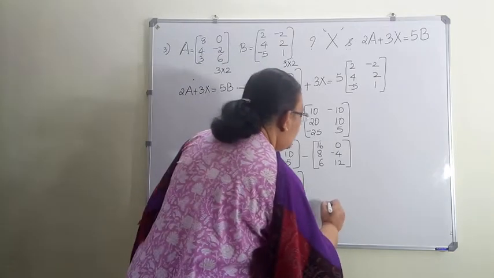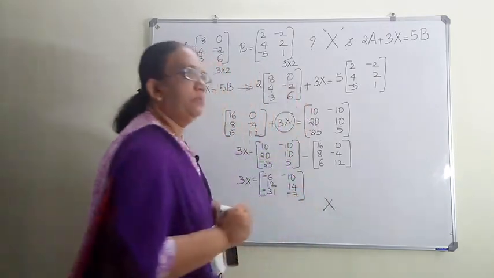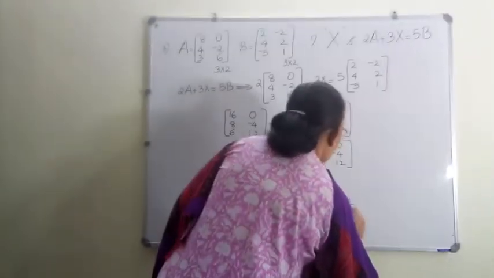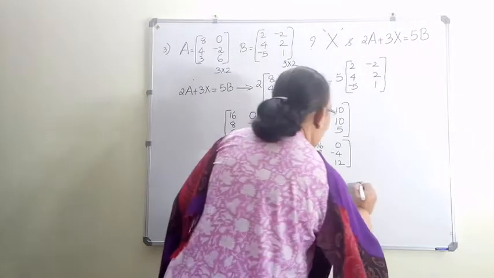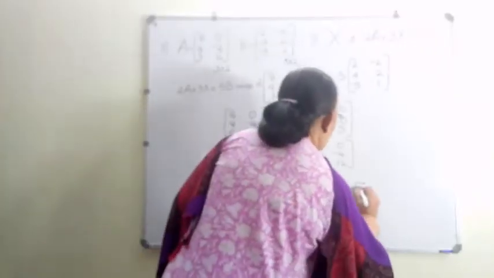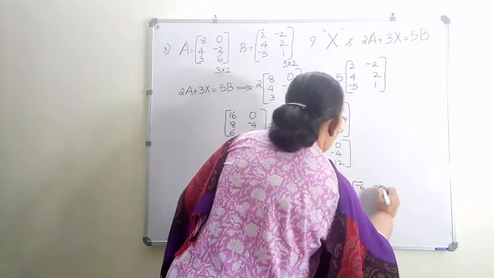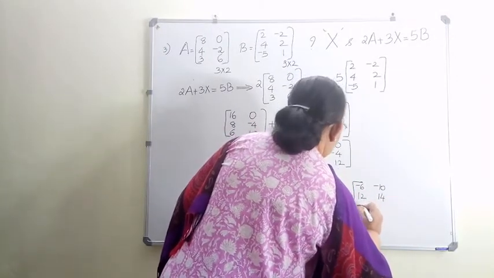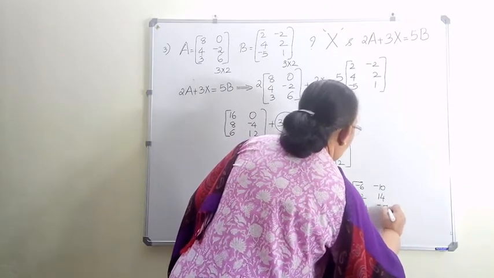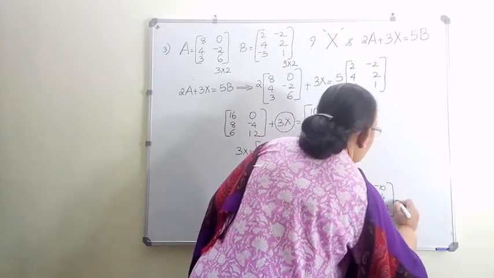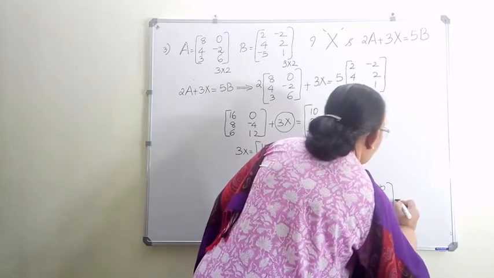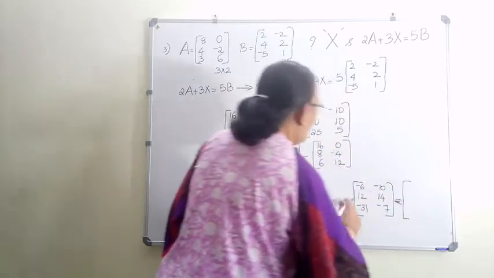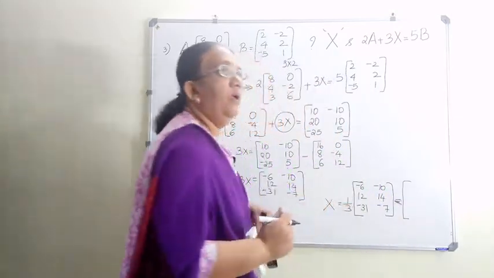But your question is, what is X? X matrix is equal to 1 by 3. This 3 you bring down. 1 by 3 into matrix minus 6, minus 10, 12, 14, minus 31, minus 7. Again, you can say that it is a scalar multiplication. That means each element is multiplied by 1 by 3.